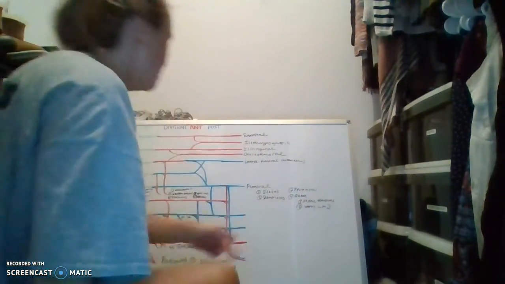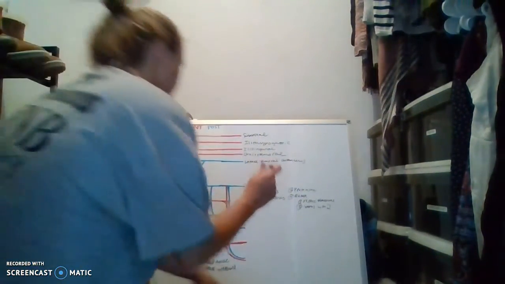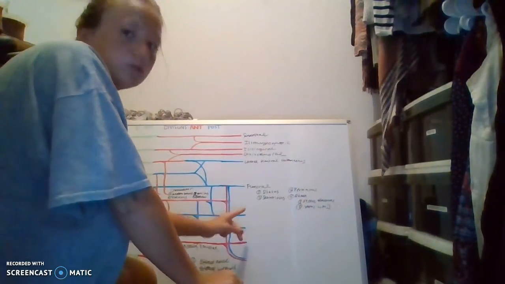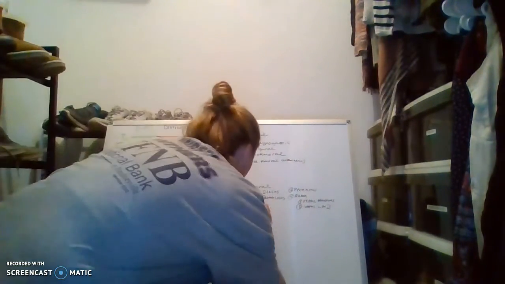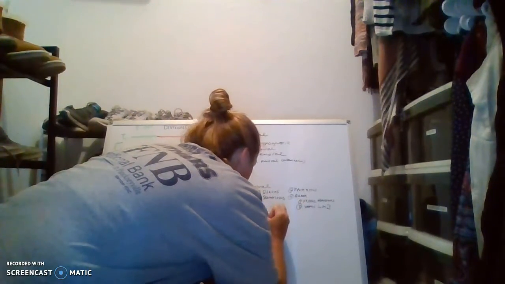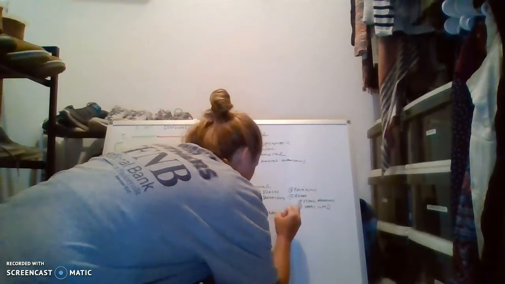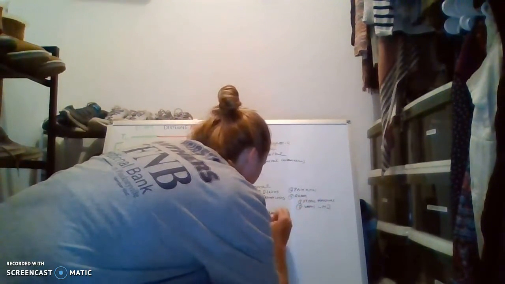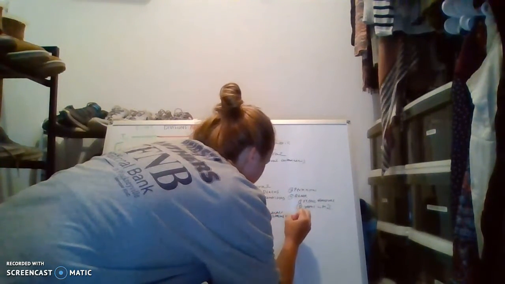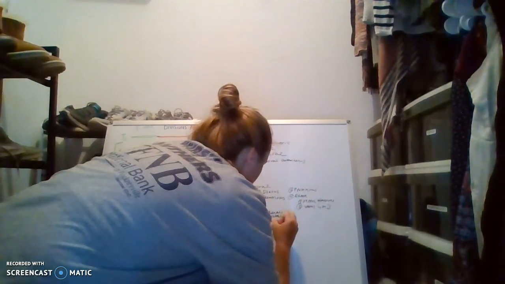Next we'll come back over here and we'll do our superior and inferior gluteal. So the upper one is coming from the posterior division. That's going to be your superior. And that's going to do your gluteus medius and your gluteus minimus.